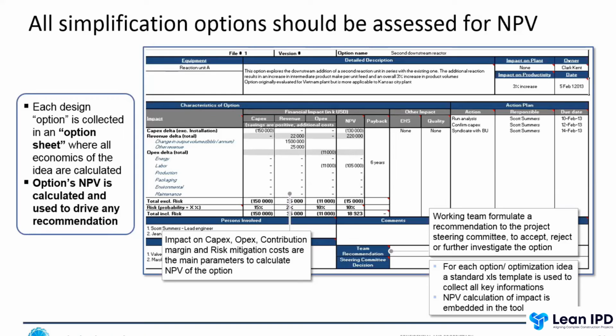So if there is an alternative that adds a certain design, which means I'm spending some more money, but this money in the capex will let me have a better energy cost or labor cost, then I can see in the different years what is the cash flow and the NPV of that alternative seen today. That will make this design alternative compete against other design alternatives to make sure that only the ones that are increasing the NPV are selected.